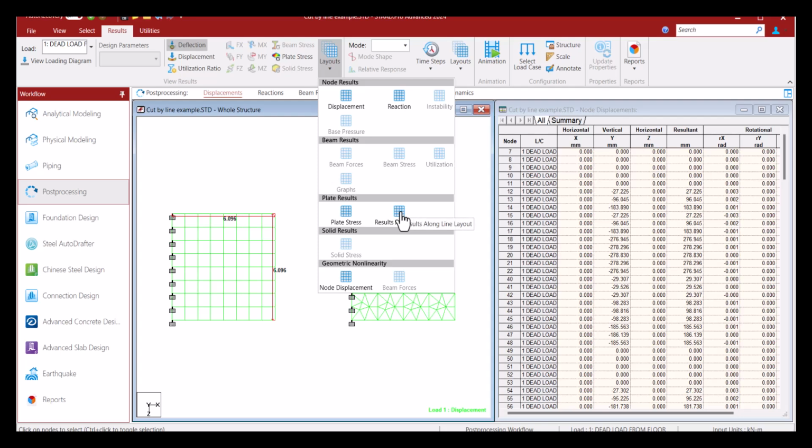It's the result along the line that you have intercepted along a certain orientation of the plate. So this is the one. Now, if you have not tried it before, it's okay, because I have seen that there are several users who are unaware of this, but believe me, this is a very powerful feature. Now let's understand how it works, and also let's first discuss why it could be very helpful. It could be very ideal for certain scenarios.